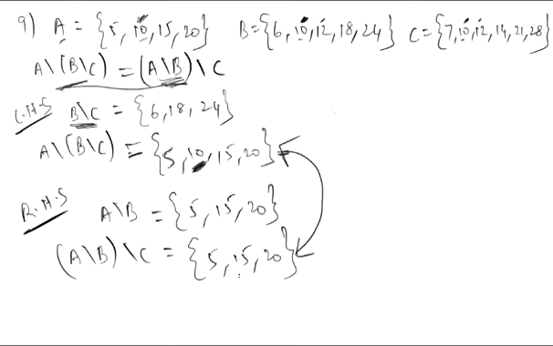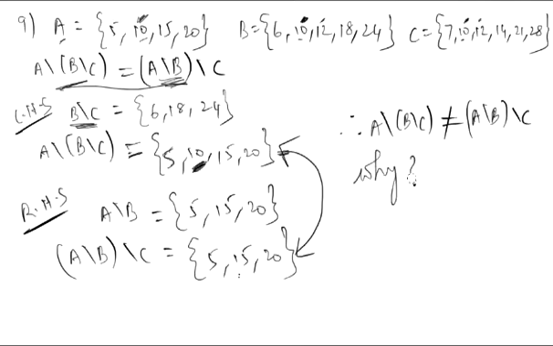So these two are not equal, and that is what you are supposed to prove. Therefore, A set difference B set difference C is not equal to A set difference B set difference C. Why?